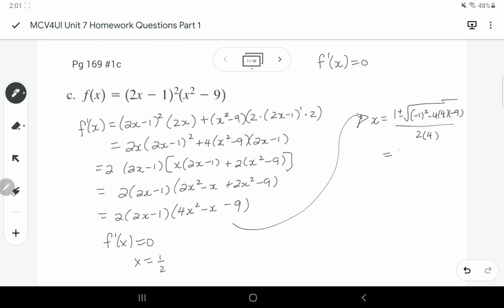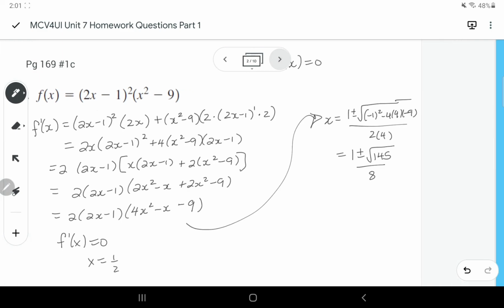So that would be 1 plus or minus the square root of 145, over 8. You can figure that out as a decimal, but I think I would personally leave it exact unless it was a word problem. So those are the zeros of the derivative of that function.